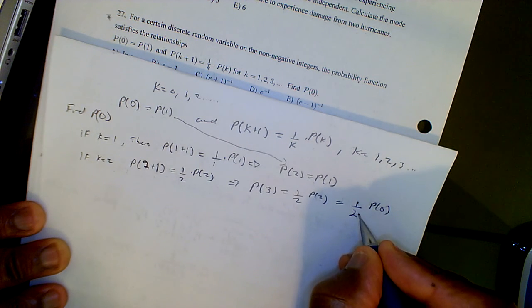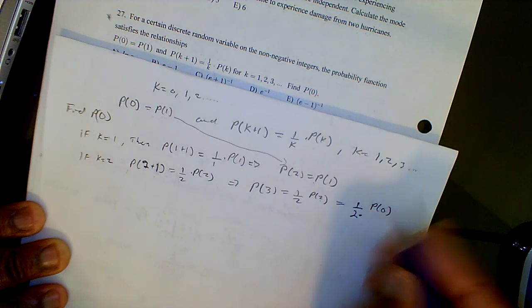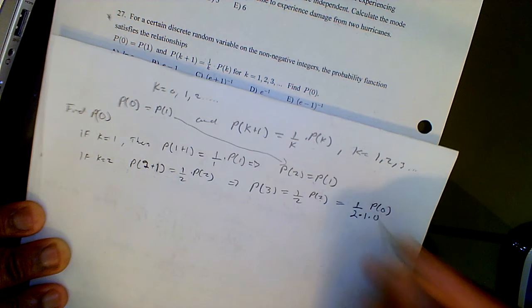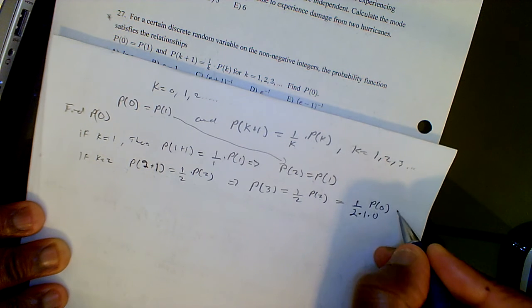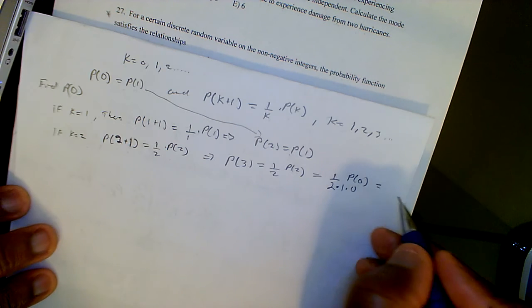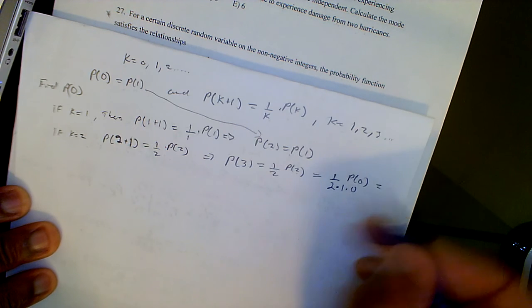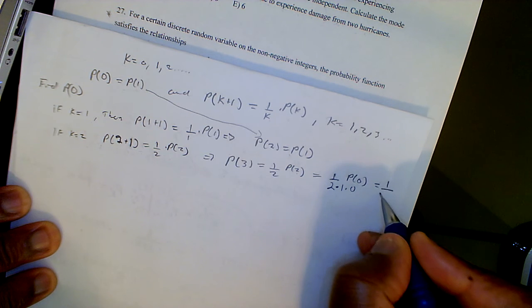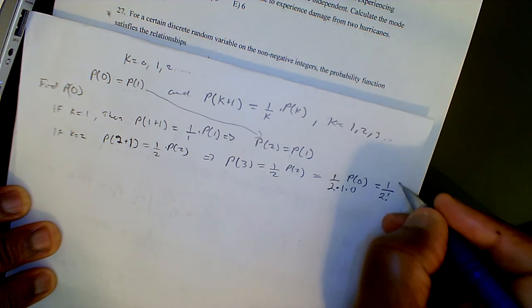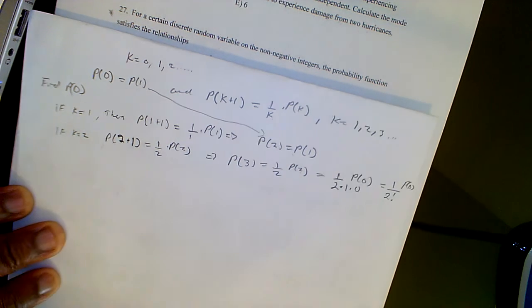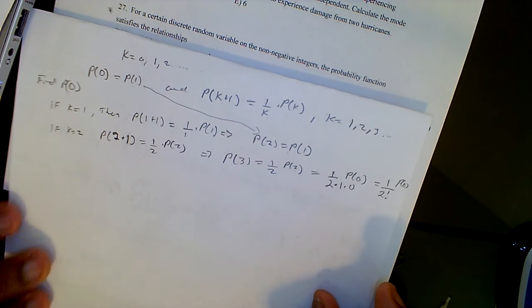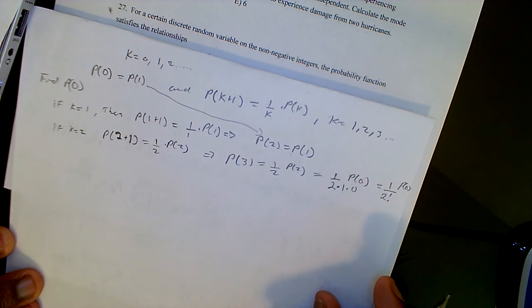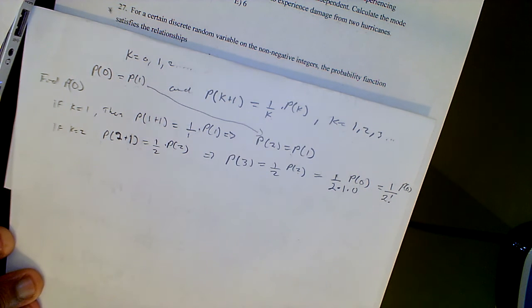By staying with the rules, you know what that looks like? 0 times 1 times 2 is a factorial. Voila, we have a factorial there. Well, that's useful. We needed to know that factorial.